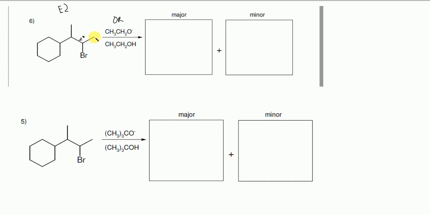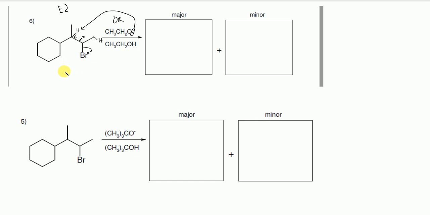So I have two products because adjacent to this carbon right here, I have a hydrogen over here on this adjacent carbon, and I have a hydrogen over here on this adjacent carbon. And one of them is going to form a double bond that's more stable than the other, and that's going to give us our major product. So this OR group can come, and it's going to take this hydrogen right here, and this is going to form a double bond, and as it forms a double bond, the leaving group is going to leave.